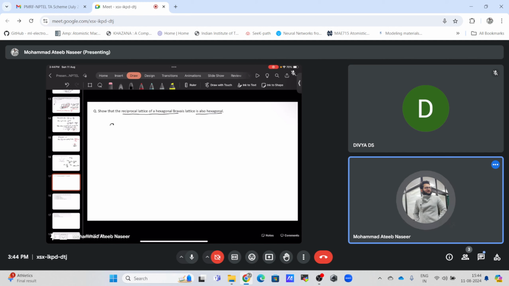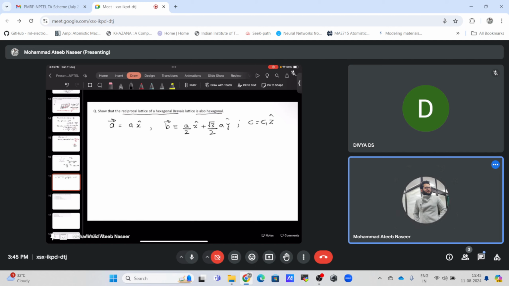Now say A is the lattice vector along x, along B we have a by 2 x hat plus root 3 by 2 a y hat, and along C we have c1 times z hat. As you can see, the magnitude of A is equal to magnitude of B, and the angle between them is 120 degree.